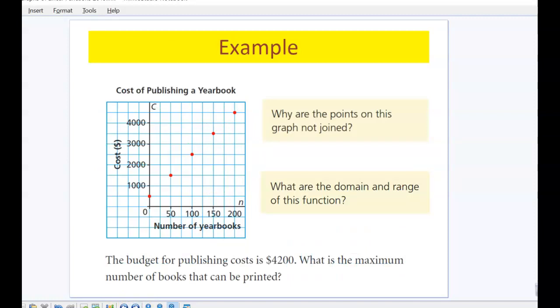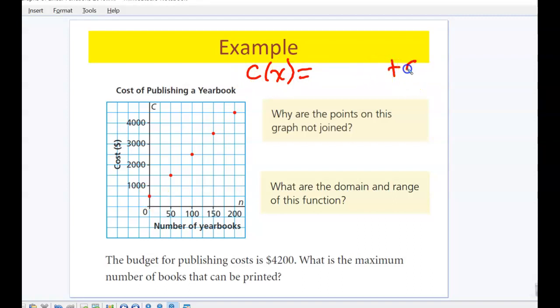Okay, let's take a look at the next example. It's the cost of publishing a yearbook. It says the budget for publishing costs is $4,200. What is the maximum number of books that can be printed? Well, let's first of all see if we can come up with an equation for this function. So for cost, in terms of x, we'll put it in function notation, I know what my intercept is.